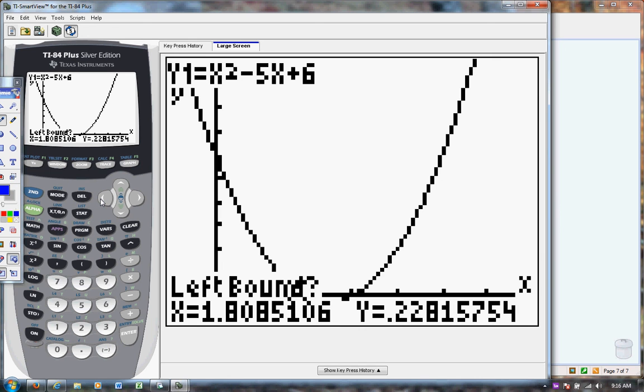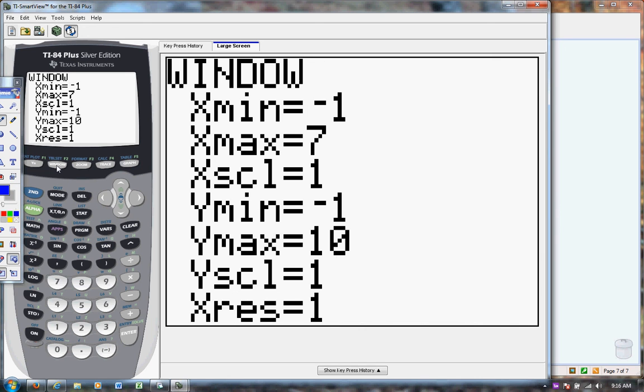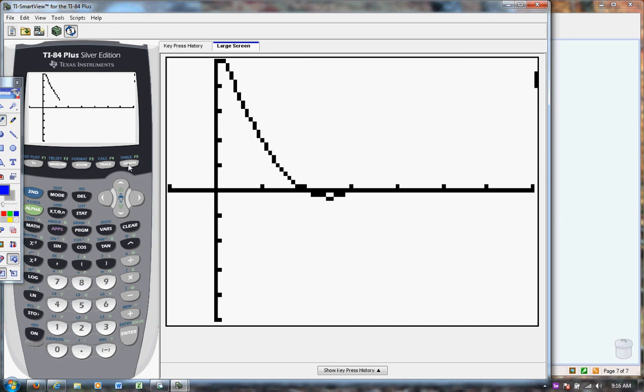Let me go to my window for a second so you can see this better. I want to move this up. So let's make my y minimum like -5 and my y maximum +5. Let's see if that helps. Yeah, that's going to help.